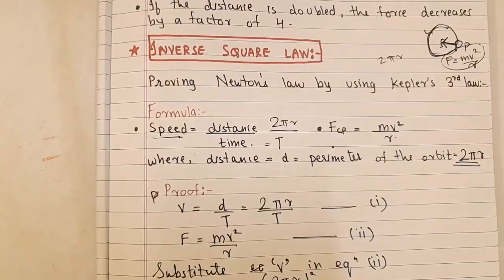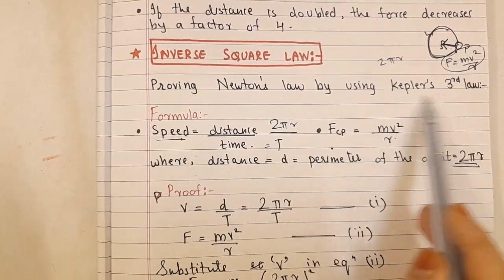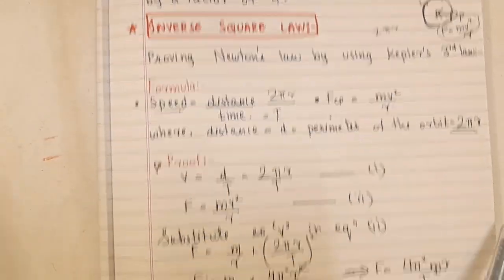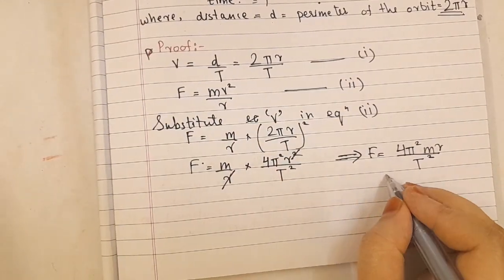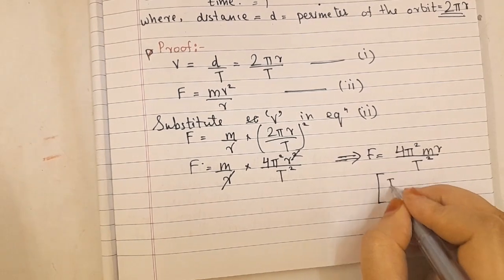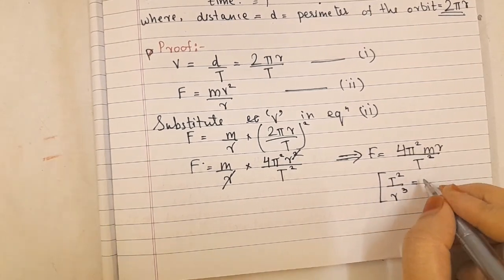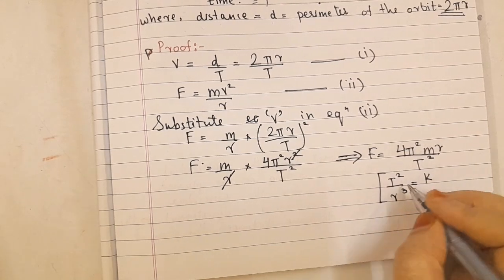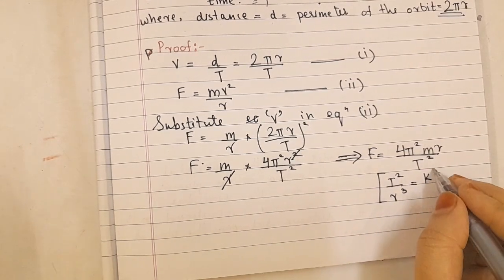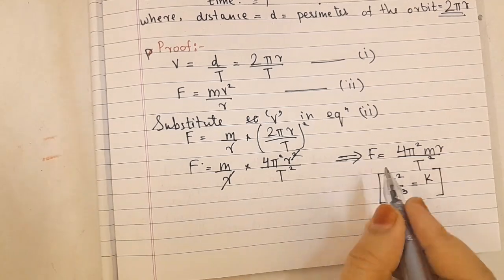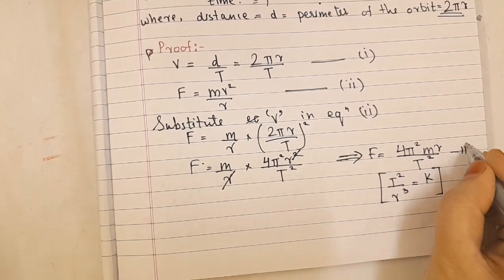Now here we have to prove Newton's law by using Kepler's third law. What is the law? The law is t square upon r cube is equal to k, right? T square upon r cube is equal to k. Let this be equation number 3.